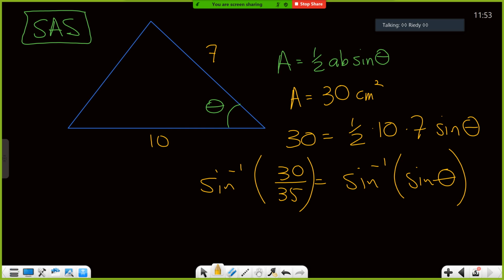The inverse sine and the sine will cancel each other. That leaves theta on one side. And for those of you that were off a little bit, you want to plug in an exact value. So 30 divided by 35 is equal to 0.857142857. If you just round that off or chop part of it off and plug it into the inverse sine, it's going to create an error.